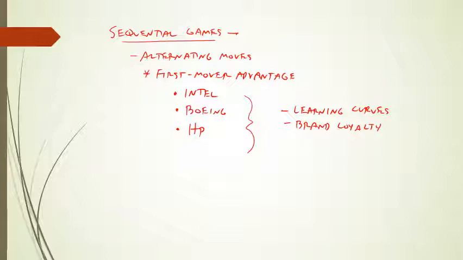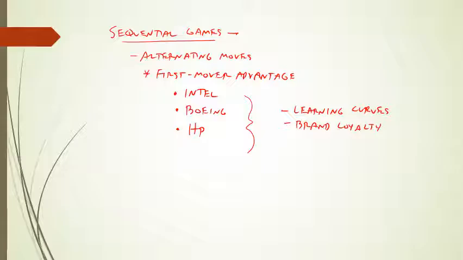The larger firm often buys out the smaller firm, or re-engineers the product and sells it under their own label. It may turn out to be a slightly better product, or one with more brand loyalty because of the name recognition of the larger firm. So these are all issues revolving around sequential games.